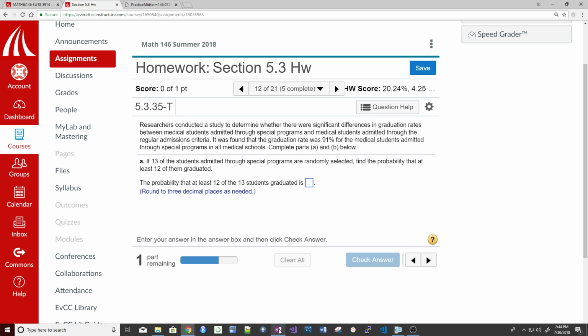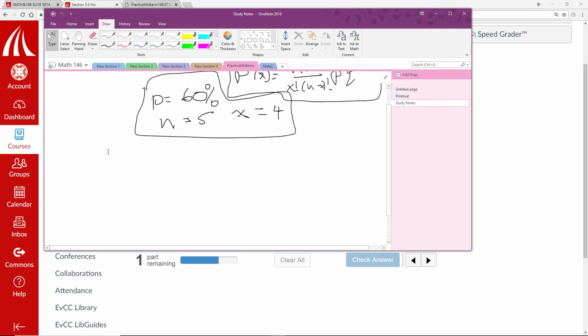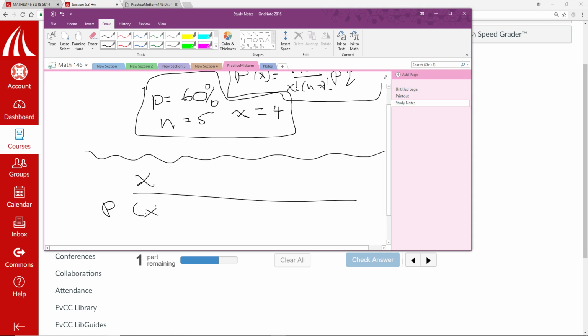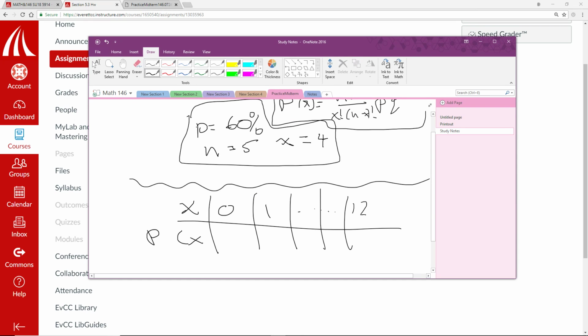We can also approach this another way as well, and there's a reason why I'm showing you this. So let's say we have our x and we have our probability of x, and we have 0, 1, dot dot dot, all the way up to 12, and then 13.